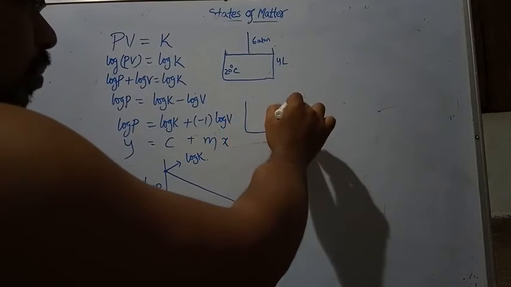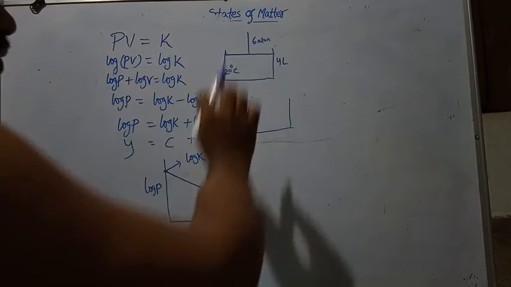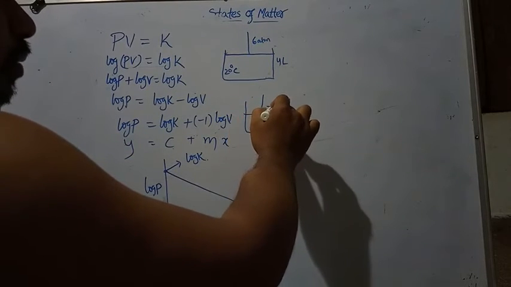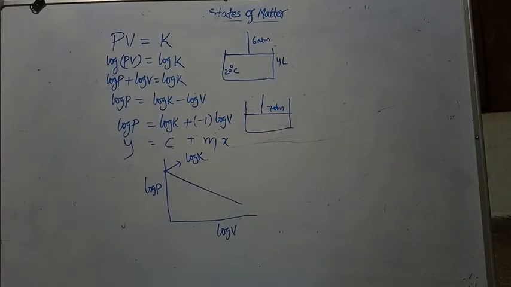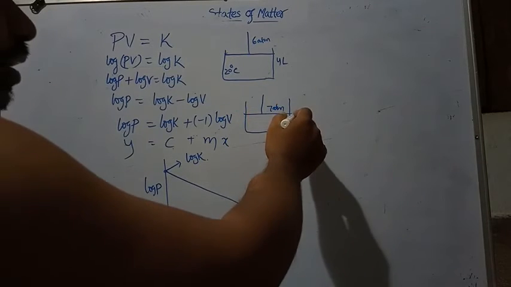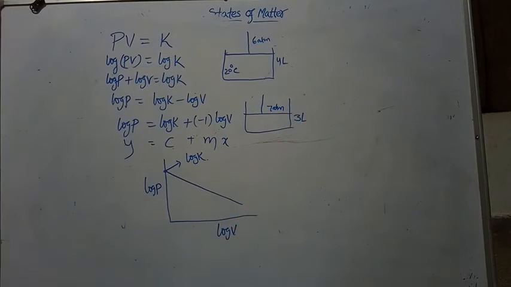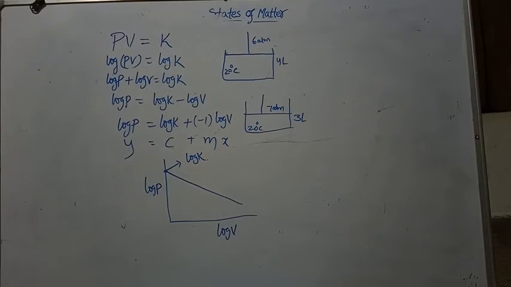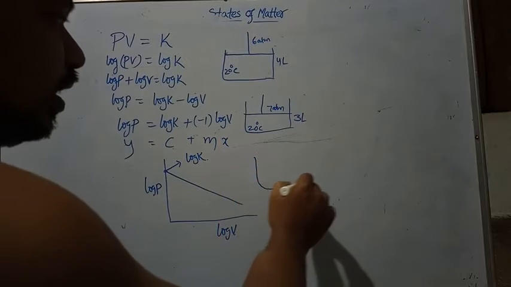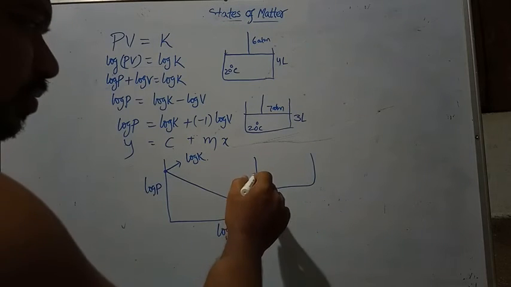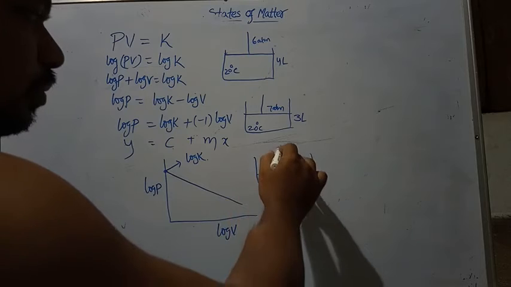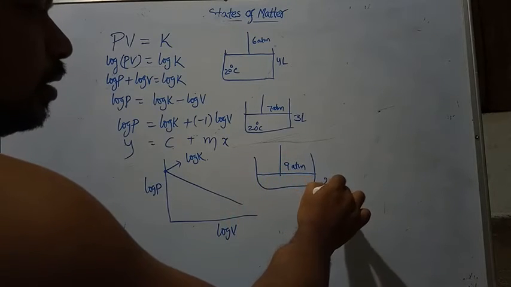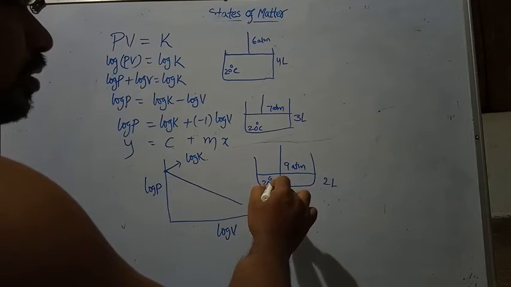I am increasing the pressure for the same amount of gas. Okay, I am increasing to 7 atmospheres. Volume, what happens? Pressure increases, volume decreases. Let us say this will be 3 liters at the same temperature, 20 degrees Celsius. In the third case, again I am increasing the pressure, 9 atmospheres. Volume will be 2 liters at 20 degrees Celsius.